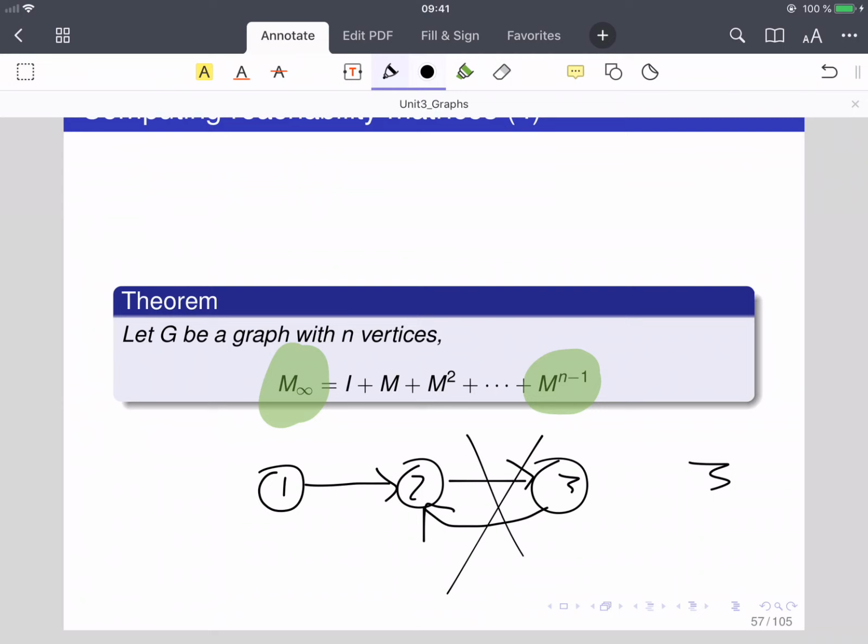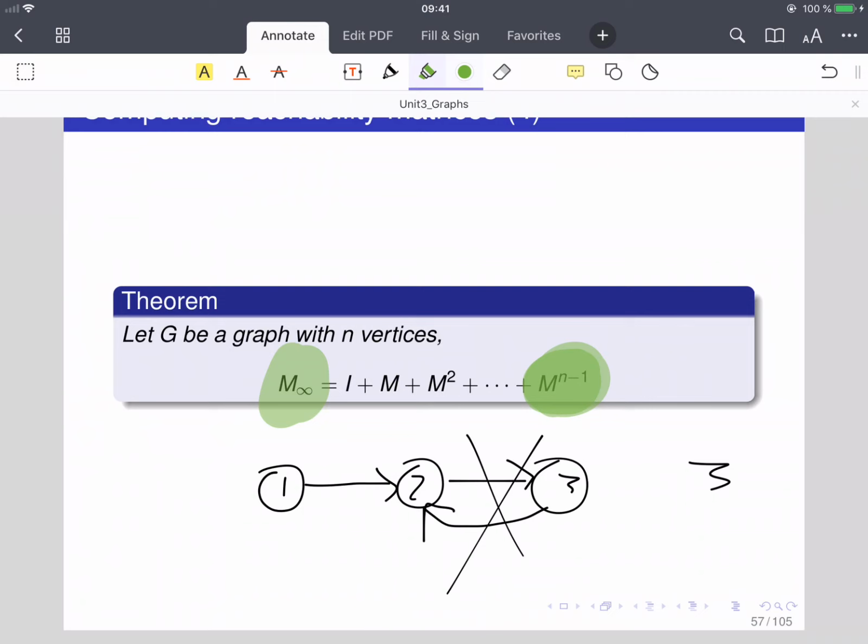Okay, so that's why we can go up only to the matrix of reachability of order n minus 1. Okay, so with this we can compute the reachability matrix of a given graph, and then we can compute whether the graph is connected or not.